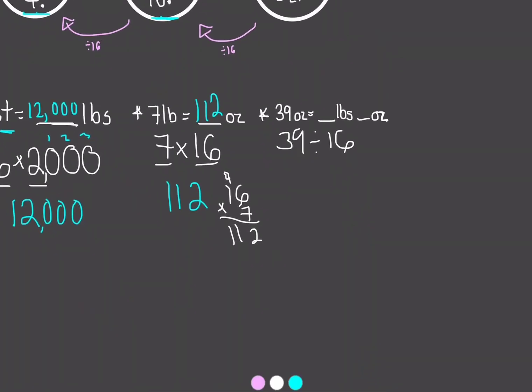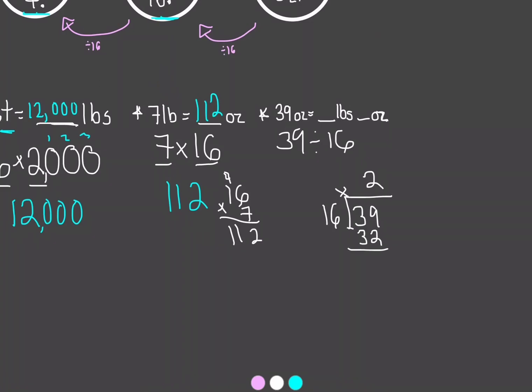So what is that going to look like? Give myself a little bit more space. 39 is going to go inside the house, divided by 16. Now, I'm not great with my 16s, but I know that 16 times 1 is 16, 16 times 2 is 32, and 16 times 3 is 48, and that's going to be too big, so it goes in there 2 times without going over. 2 times 16 is 32.